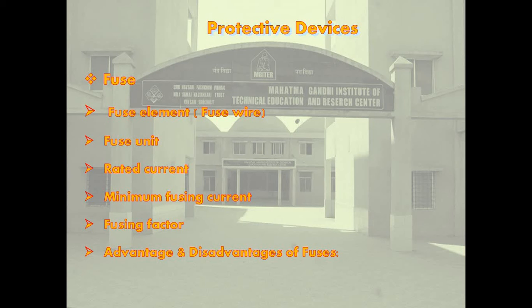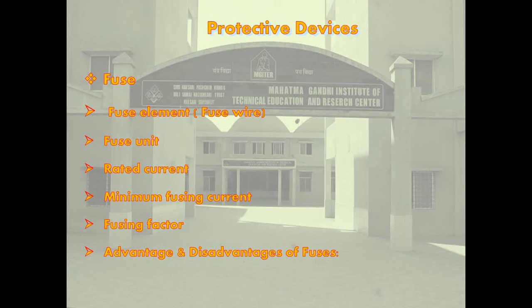Okay. In copper, the melting point is 1090 degrees Celsius, and specific resistance is 1.72 ohm centimeters. Okay. In general, copper or lead-tin alloy may be used as an ordinary fuse element or fuse wire.